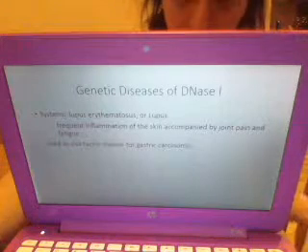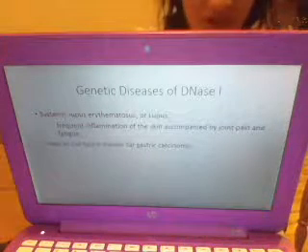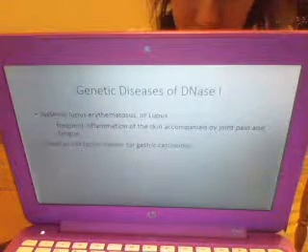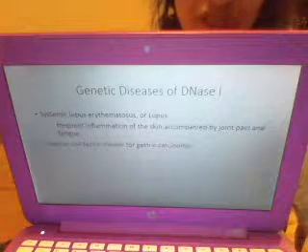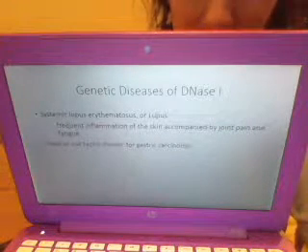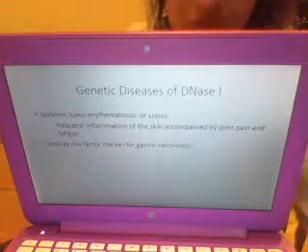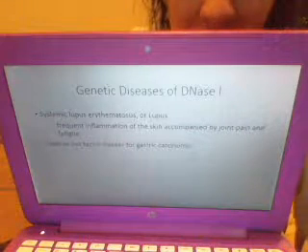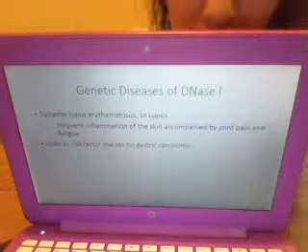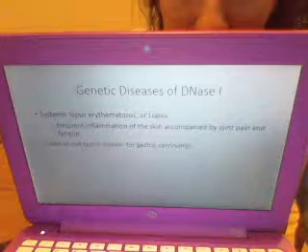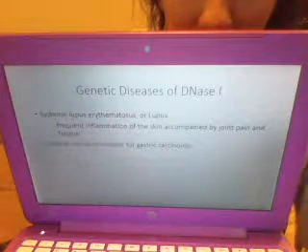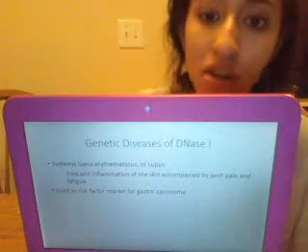There are some genetic diseases that are involved with DNase-1. DNase-1 deficiency is known to cause lupus, which is characterized by frequent inflammation of the skin, accompanied by joint pain and fatigue. Recently, it's been known to be used as a risk factor marker for gastric carcinoma.